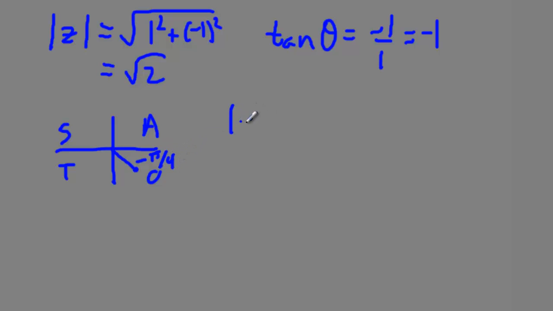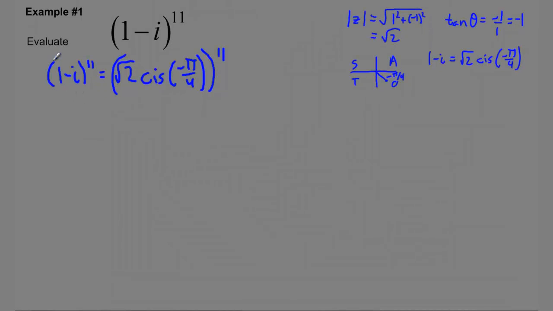So 1 minus i can be written as root 2 cis of negative pi over 4. So rewritten, we can take 1 minus i to the 11th and now replace the 1 minus i with root 2 cis of negative pi over 4 and put that to the 11th. And now is when we can use de Moivre's theorem.